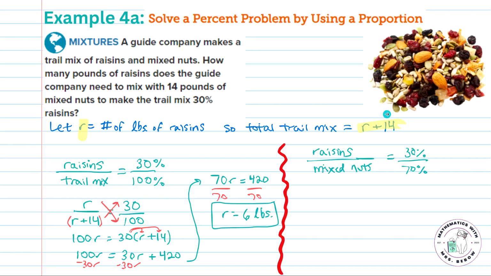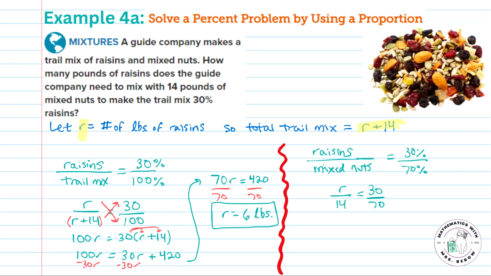Because 100% is the total trail mix. 100 minus 30 leaves me with 70% of that trail mix being this mixed nuts. So now when I plug in my numbers here, we're going to have R over, well, the amount of mixed nuts we actually know, that's 14 pounds. And then that equals 30 over 70. And now we can do our cross products and solve this.